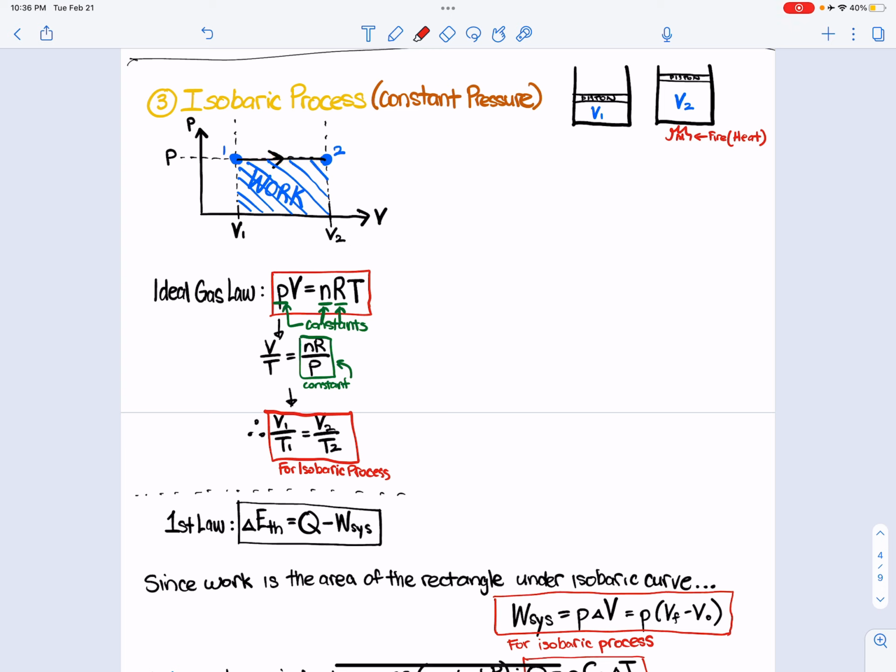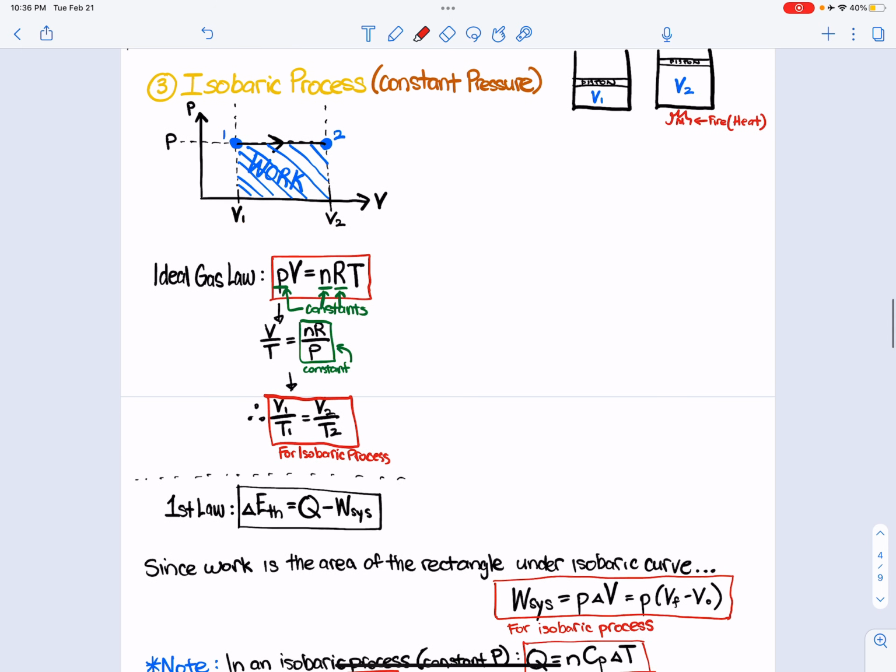Okay? So the work for an isobaric process, or a process with constant pressure, would be the area of this rectangle. Okay? And that would just be P times delta V, or P times V2 minus V1. That's this area right here. Okay? All right. For the ideal gas law, PV equals nRT, and a constant pressure or isobaric process, P would be constant, n would be constant, and R would be constant.